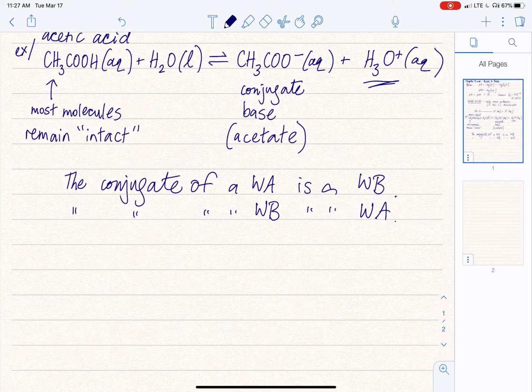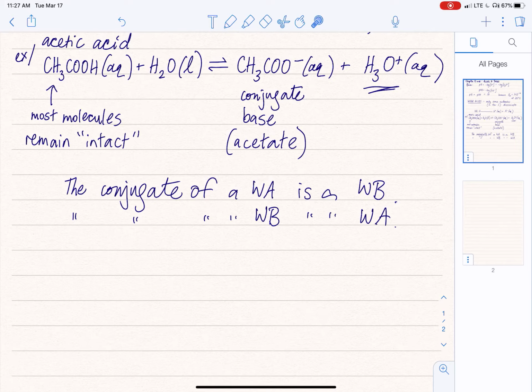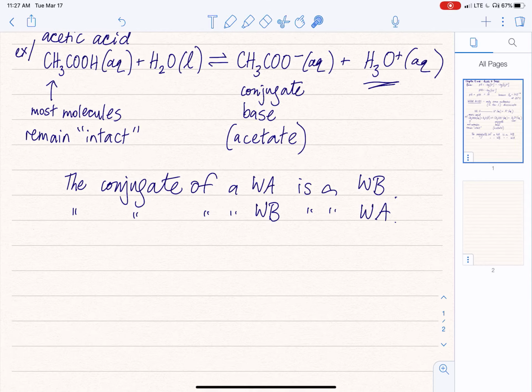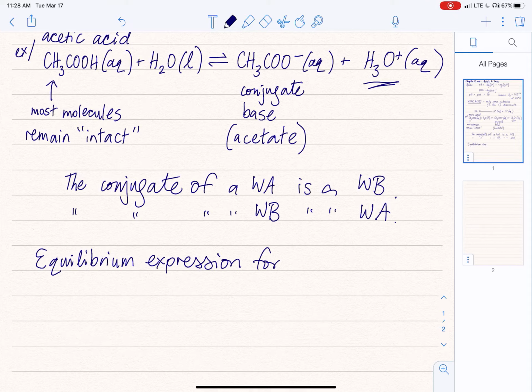So let's take this reaction for a second and think about what we did in the previous chapter, the equilibrium chapter. And I want us to write down an equilibrium expression for that partial dissociation of the acetic acid. That's a fancy way of saying I want us to write down the K for that reaction.